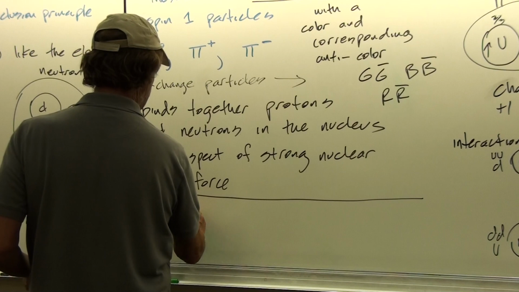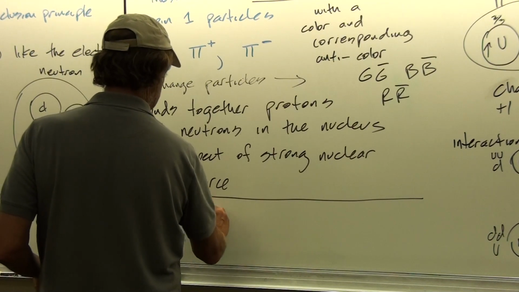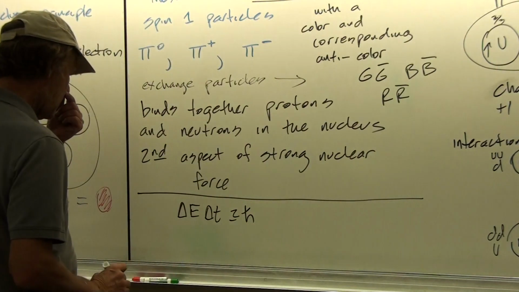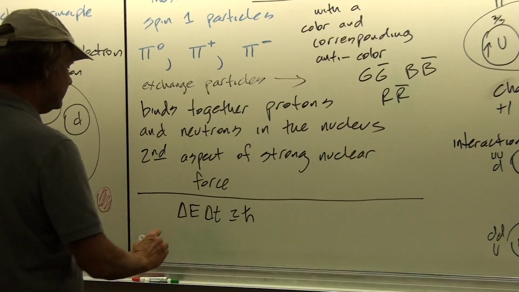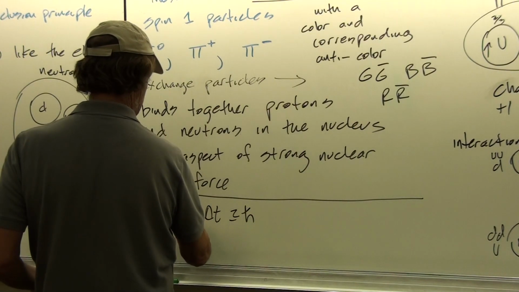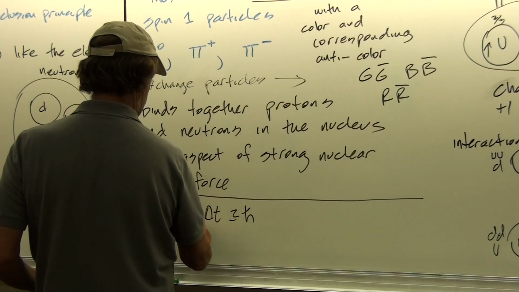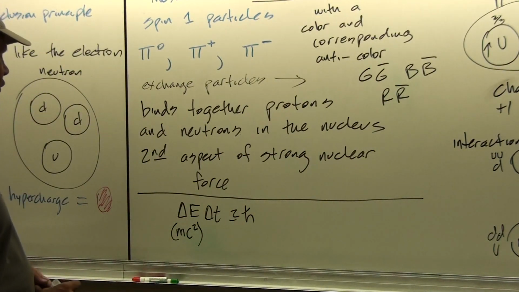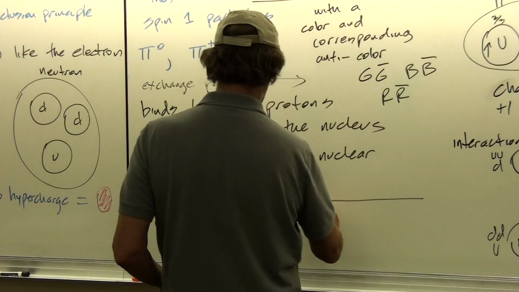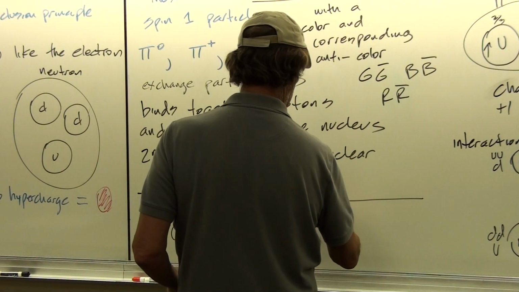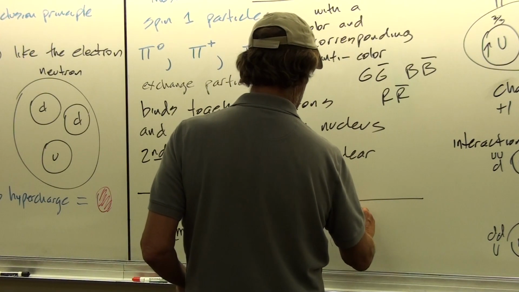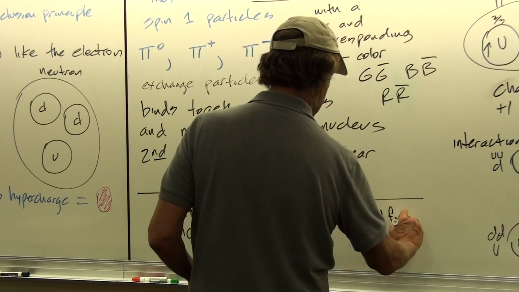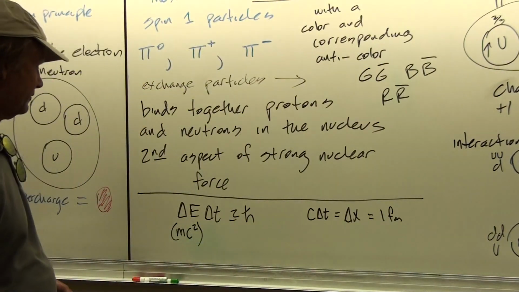The idea was that if delta E delta T is approximately h bar, and delta E here is on the order of mc squared, in order to produce the virtual pi meson, then the delta T can come from c delta T equals the range of the strong nuclear force, which is about 1 femtometer, or 10 to the minus 15 meters.